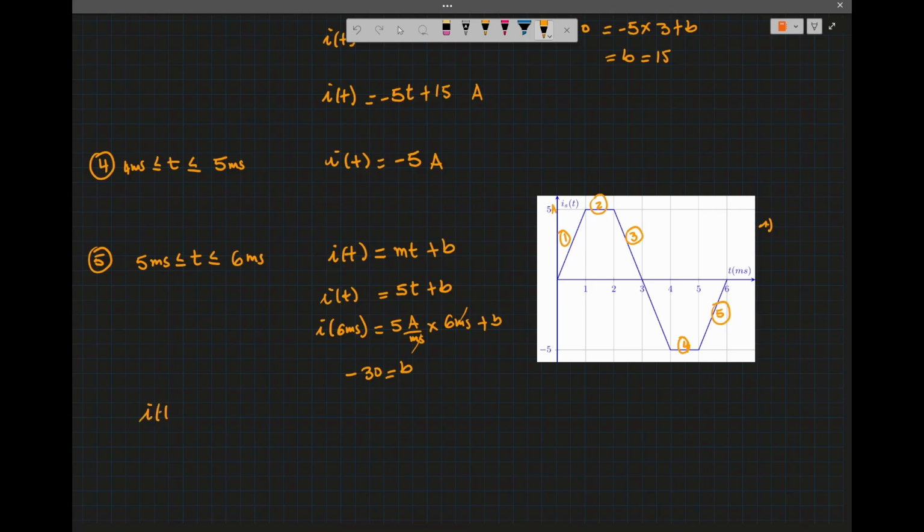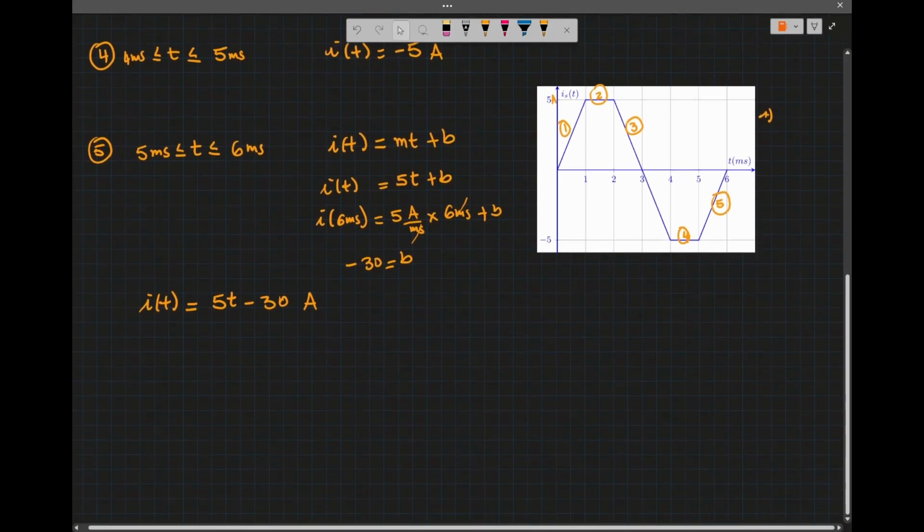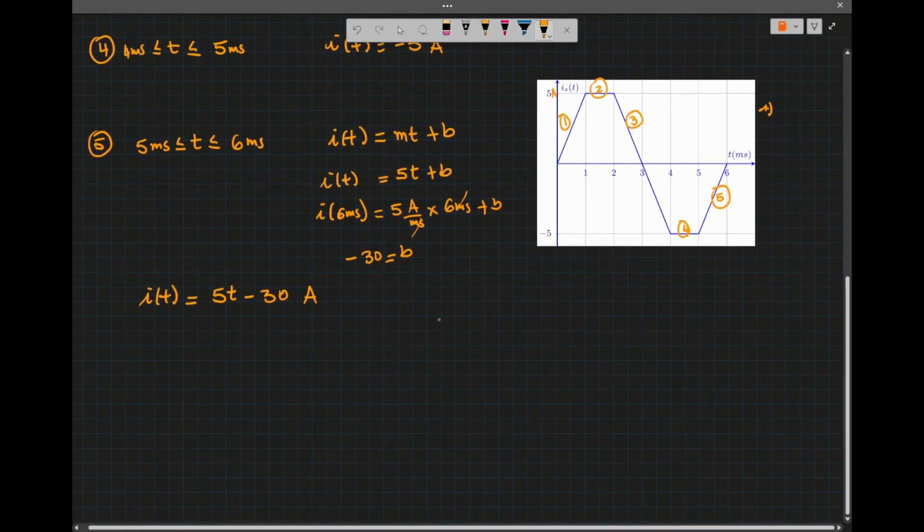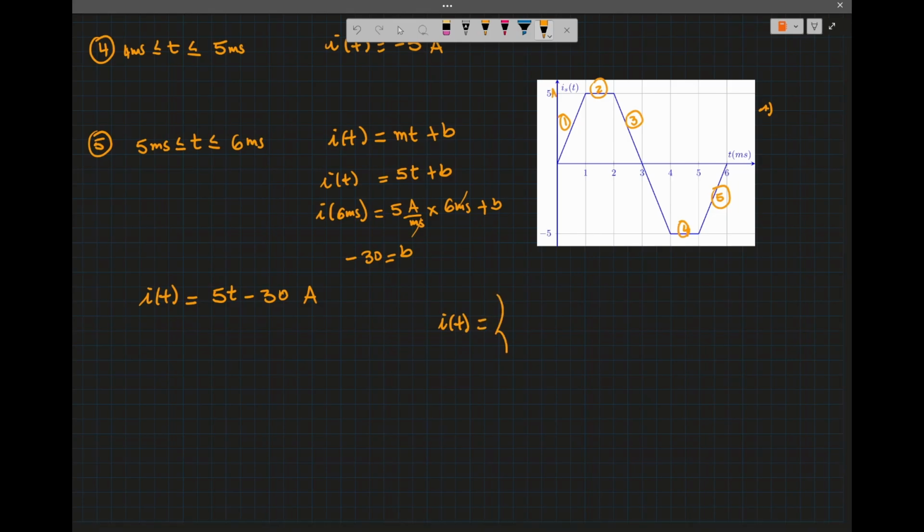So i of t for this case is equal to 5t minus 30 amps. Still keep in mind that the time is in milliseconds, so we can put it together. So i of t is 0 when t is less than 0, then it is 5t when 0 is less than or equal to t less than or equal to 1.